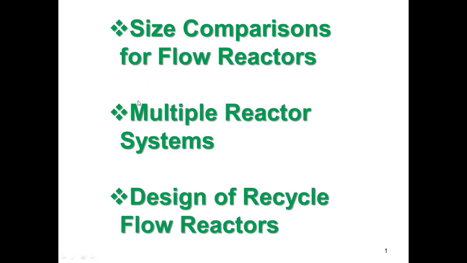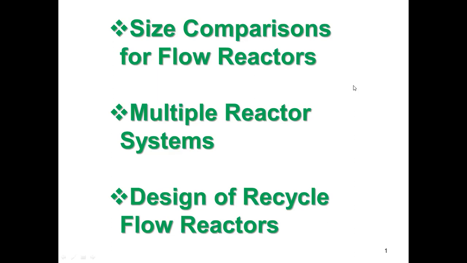So if I will be requiring a bigger volume for a CSTR given the same conversion as the PFR, then if I need to process a bigger bulk of feed, which of the two will I be using? That's the significance of being able to compare sizes for flow reactors. Now, however, there is a downside to that.